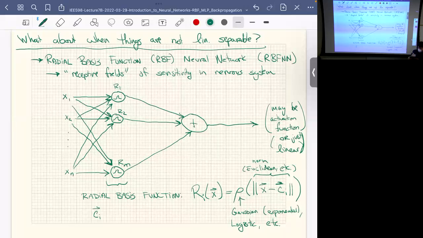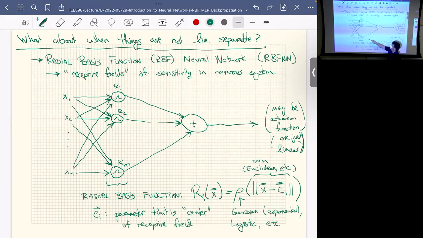is a parameter that is the center of the receptive field. So basically, for each one of these radial basis functions, there's a distinguished point in space where they are most sensitive.